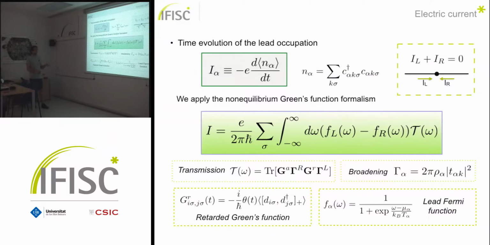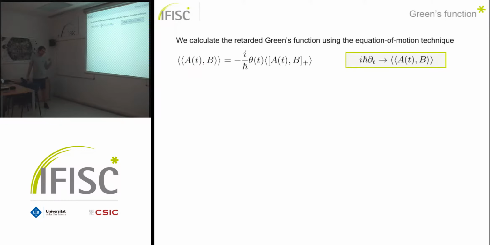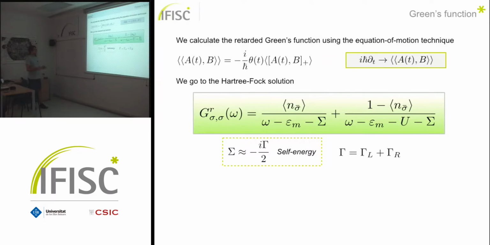We compute the electrical current. Well, before I said that I'm not going to explain how we obtain the Green's function, but this is easier to obtain. So I'm going to explain quickly what we obtain. The Green's function is some kind of correlator in this form, and what we do is we evolve in time this correlator. Using this, we go to the Hartree-Fock solution.